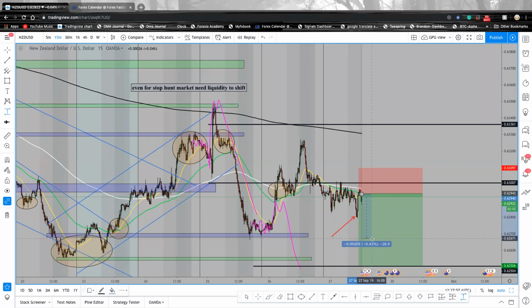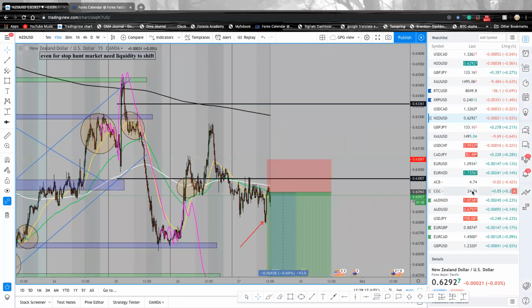You can have 30 pips at 0.62600 and 10 more pips for 0.62500. No problem. Any other question, guys, for me?